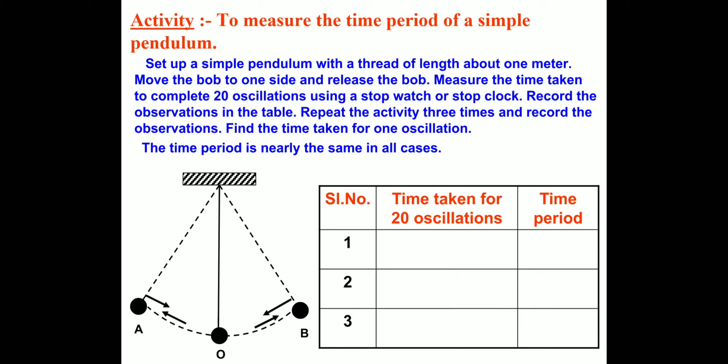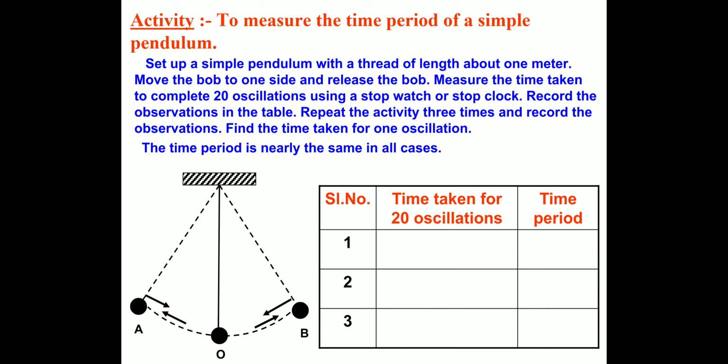So, in this slide, you can see that a simple pendulum is being suspended, and then we can count the time taken for 20 oscillations, and we can take roughly 3 readings, and in all the readings we will be able to find that it takes the same time for almost all the oscillations, like 20 oscillations will be completed in the same time period every time.